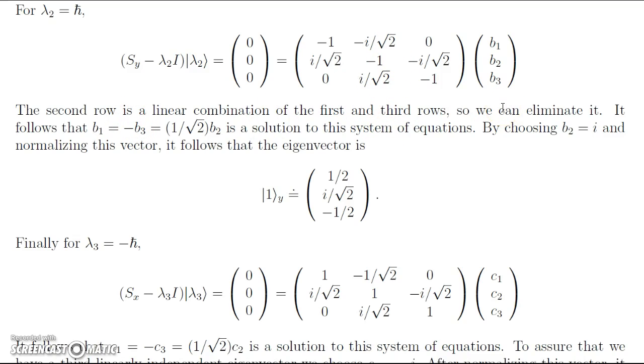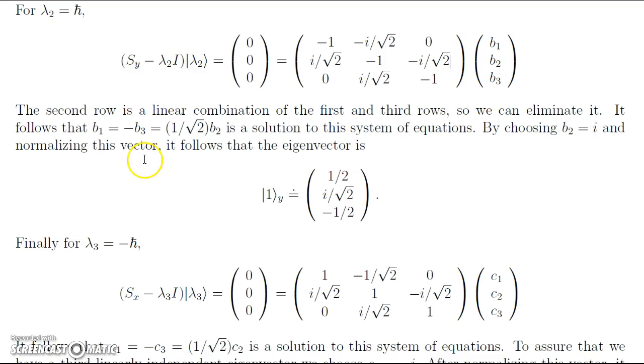This might be slightly hard to see, but if we multiply this by i over root 2 and add it to this row, and multiply this by negative i over root 2 and add it to this one, all three of these are going to go to 0. So we know now that the second row is linearly dependent. Therefore, we can eliminate it and just solve the resulting system.